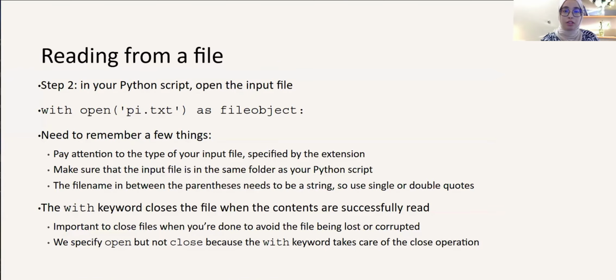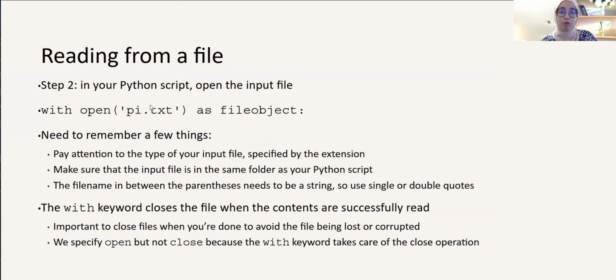In case you change the name at some point, it won't read, so make sure the name is really the name of your file. If the file is not in the same place as my Python script, then I need to provide the path. If you don't provide the path, it must be within the same folder.